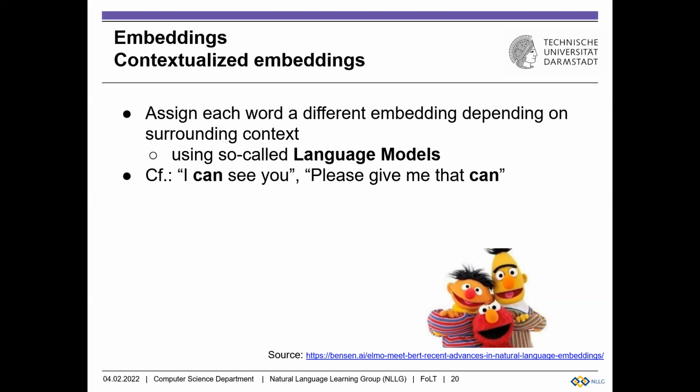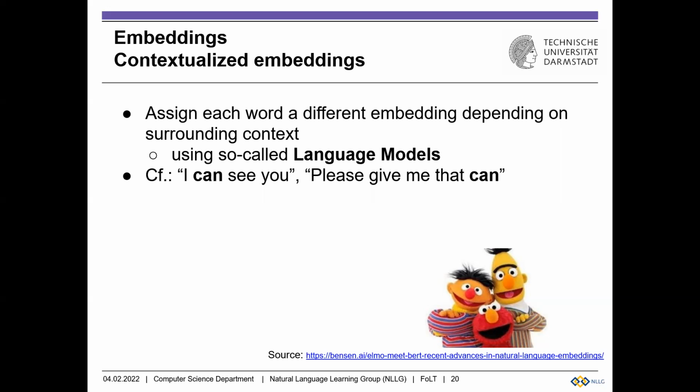In the first sentence, I can see you, it's a modal verb and it expresses an ability to see someone else. In the second sentence, please give me that can, it represents something very different. It represents a noun, used as a container to put something inside. So this word has at least two different meanings.